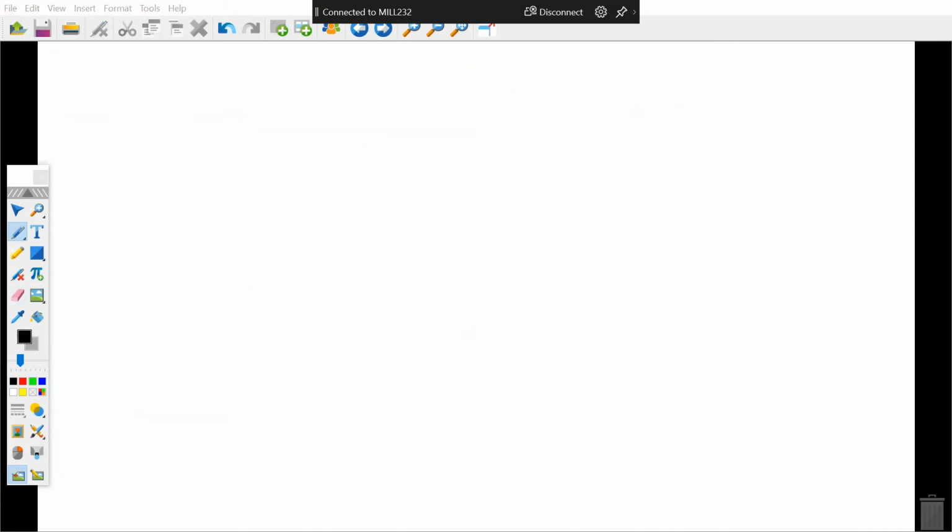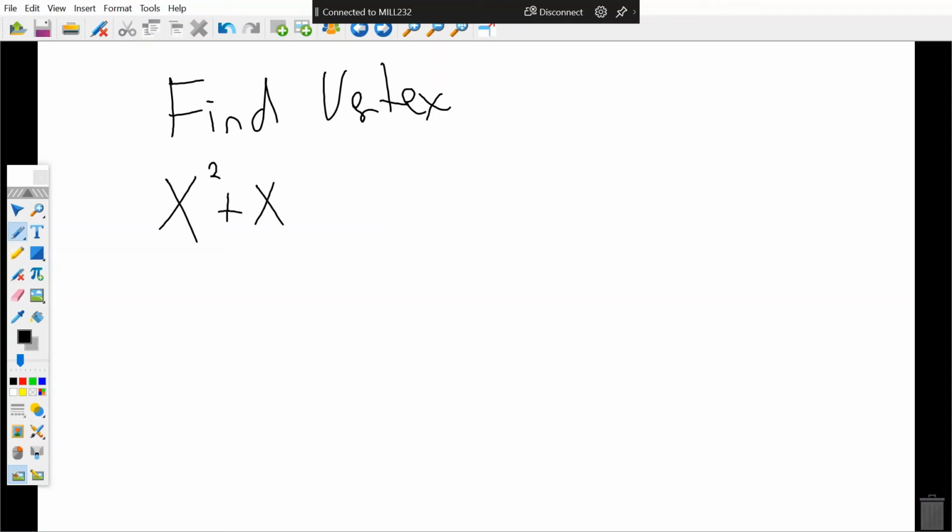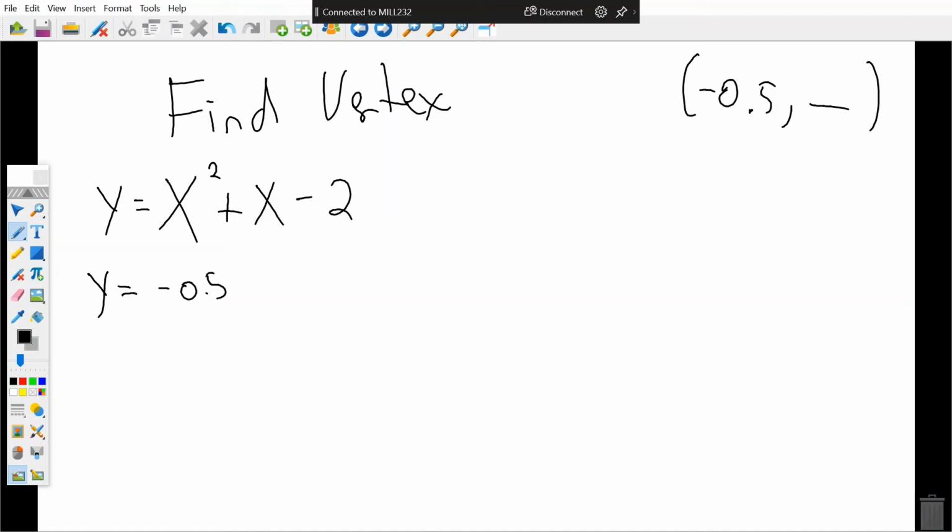So let's find the vertex. Again, here's our equation. X squared plus x minus 2. We know the x value of the vertex is negative 0.5. And we're trying to find the y value. So we plug in negative 0.5 for x, and y is what we're trying to solve for.